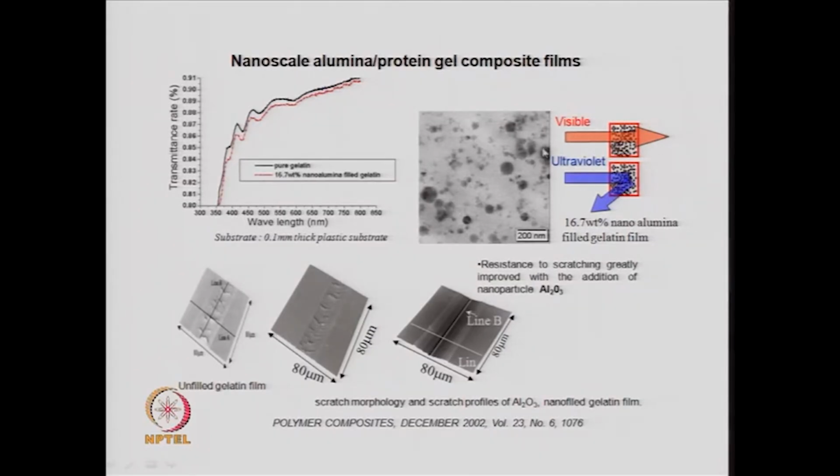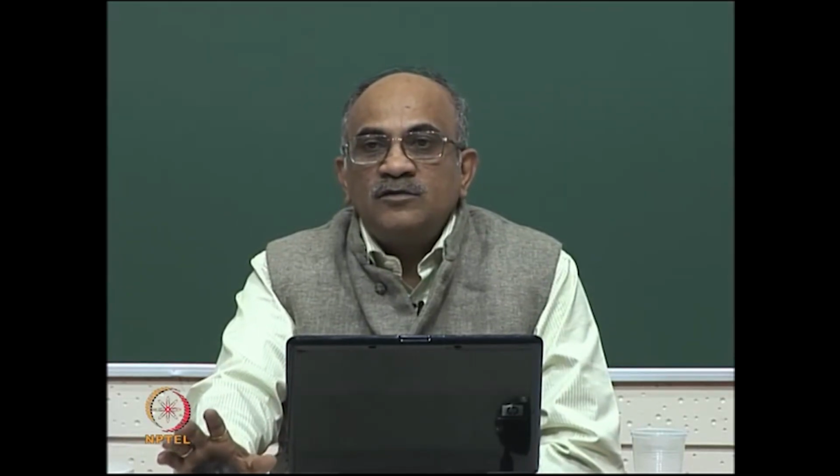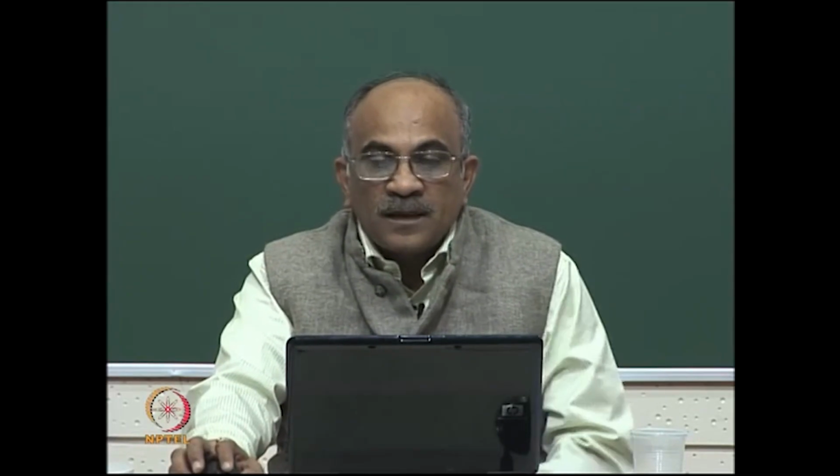So, you can design a composite film based on nanoparticles which allows visible light, so it is optically clear or transparent for visible radiation, whereas it is optically opaque, which means that it does not allow the UV radiation to pass through.